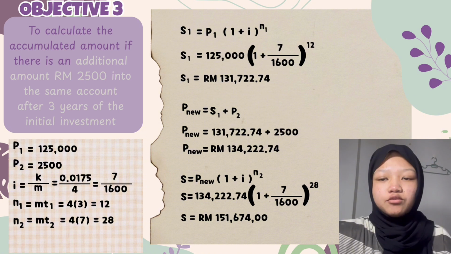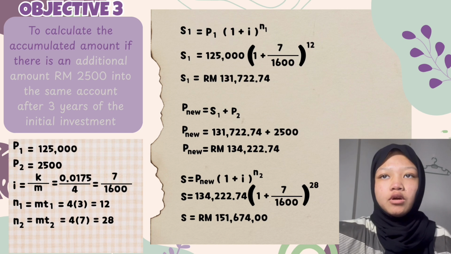To calculate S1, we use the formula P1(1 plus i) to the power of N1. S1 equals 125,000 times (1 plus 7 over 1,600) to the power of 12. The answer of S1 is 131,722.74 cents. For P new, we use the formula S1 plus P2.